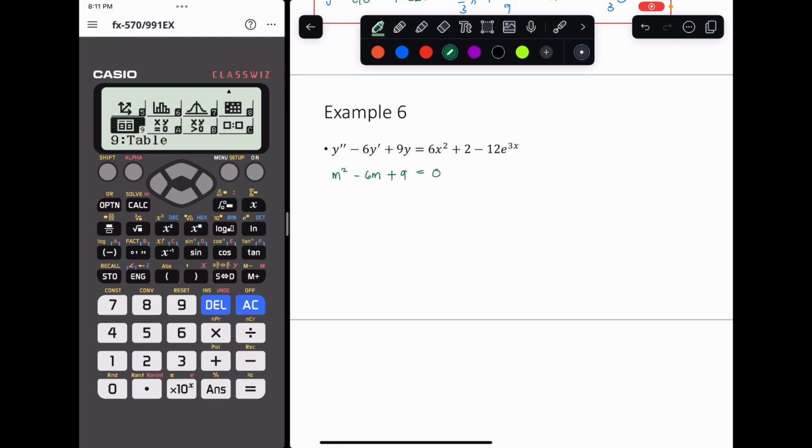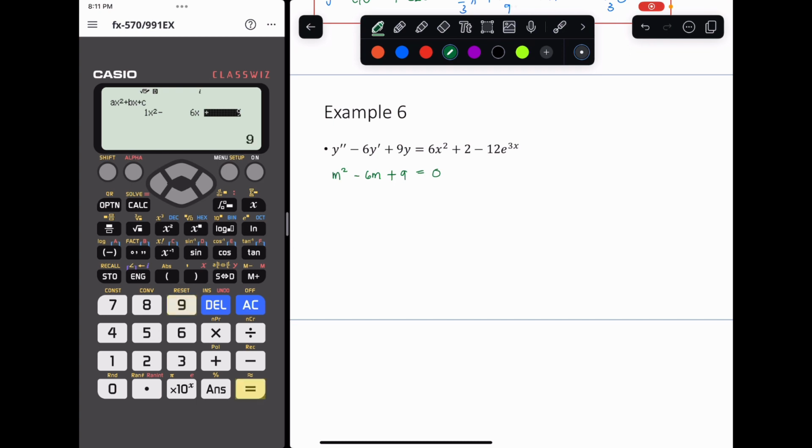Then using our calculator, let's find the roots of the equation. That would be a polynomial of degree 2. We have 1 for the coefficient of m squared, negative 6 for m, and 9 for the constant.